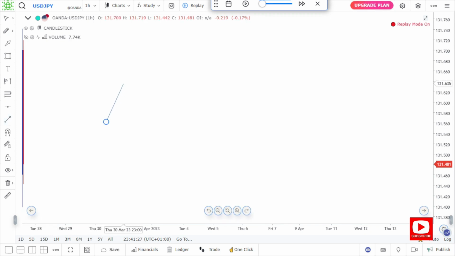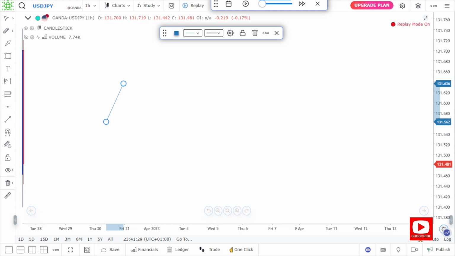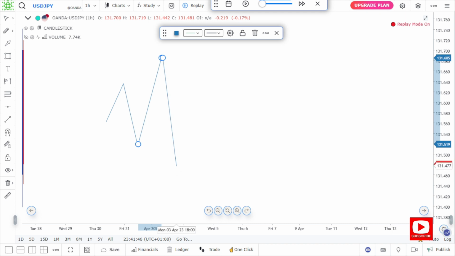Price makes a higher high, makes a low, makes another high, makes a lower low, then comes back to the left shoulder.